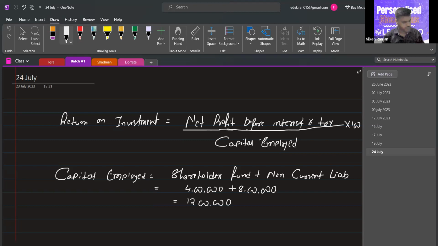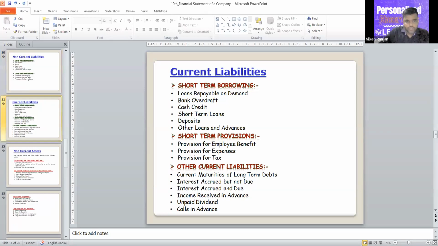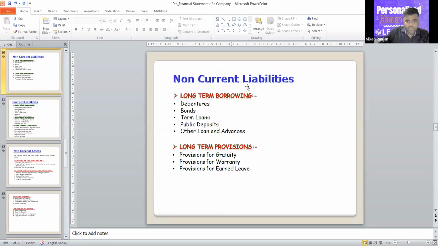So should we continue today's topic? Yes, sir. Okay. So today we are going to understand the assets part of the balance sheet. For current liability, I told you that I will show you what will be included in these.